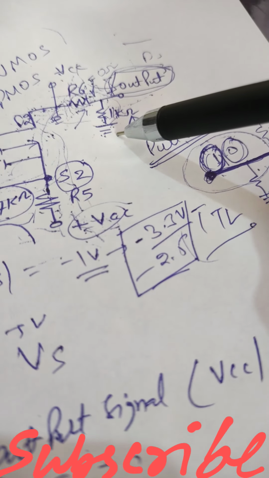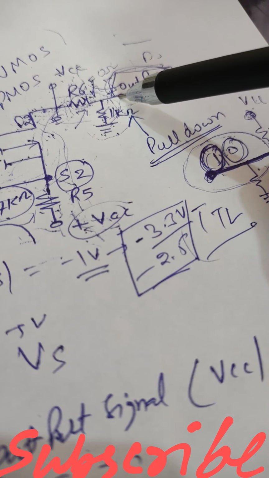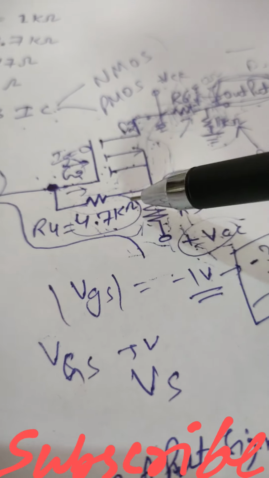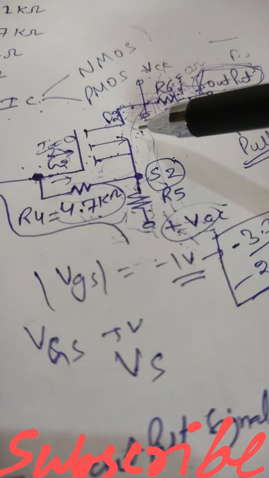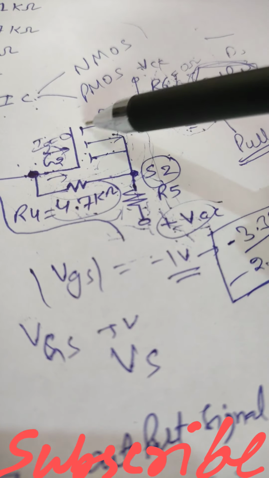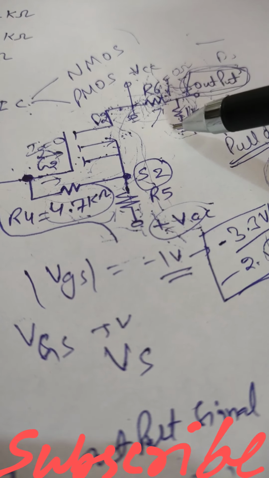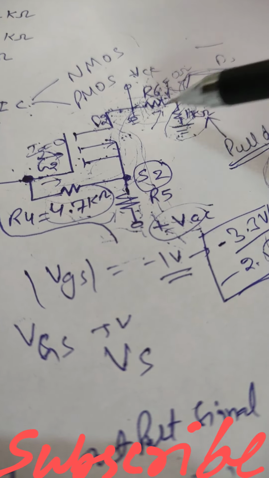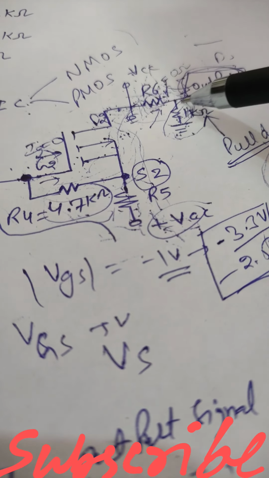The use of the pull down is that the default logic at this pin is always logic 0 till you get the VCC here. In the default condition, if this PMOS is off, the output logic is 0 via this ground, this pull down resistance. And when this is on, the VCC is here, and the logic is 1.